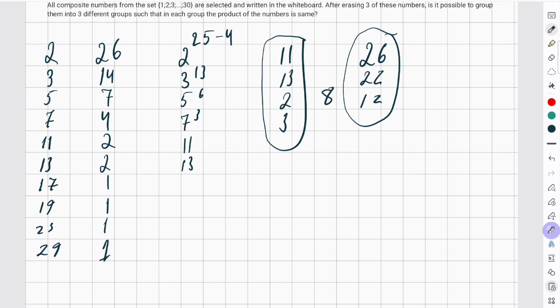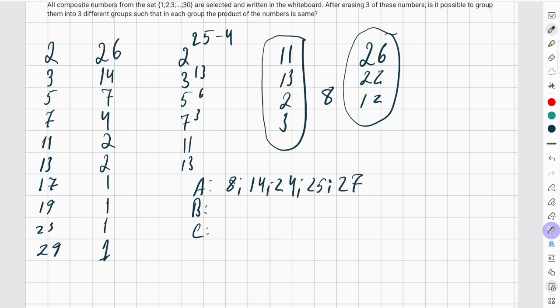And then we need to show that there are indeed 3 different groups containing different composite numbers, such that the product of them is the same. You can think about it by yourself, and I did it. For instance, let's say there are 3 groups, A, B, C. In group A we have 8, 14, 24, 25 and 27.